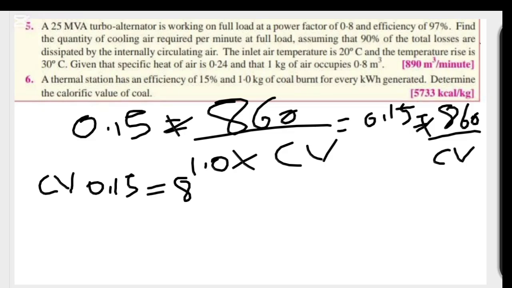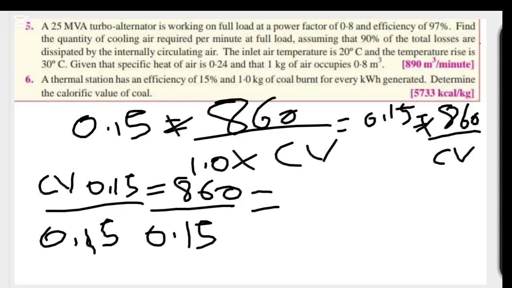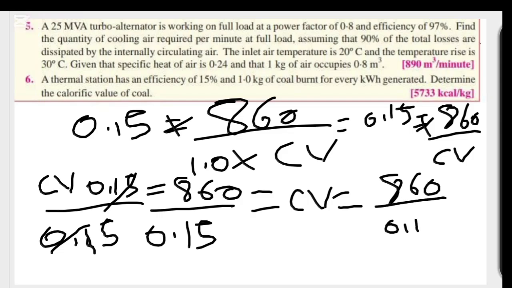I'll cross multiply. I'll have CV times 0.15 equals 860. Dividing both sides by 0.15, this will go with this. CV is the same thing as 860 by 0.15. So what am I going to get?